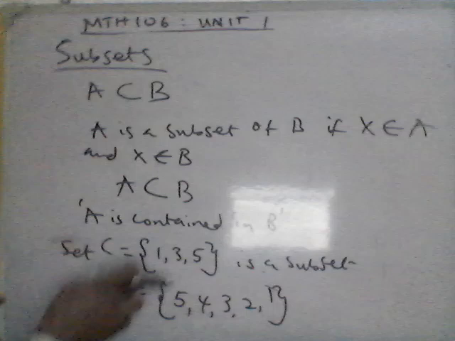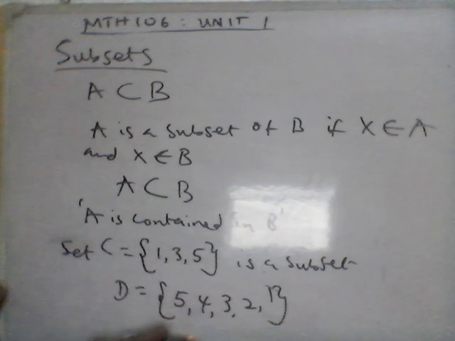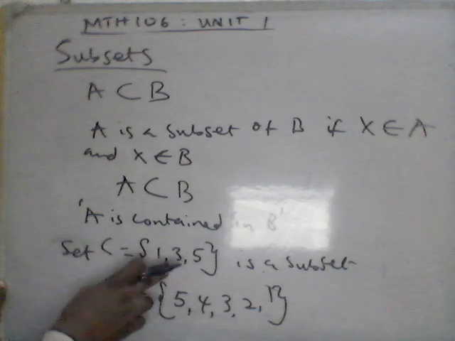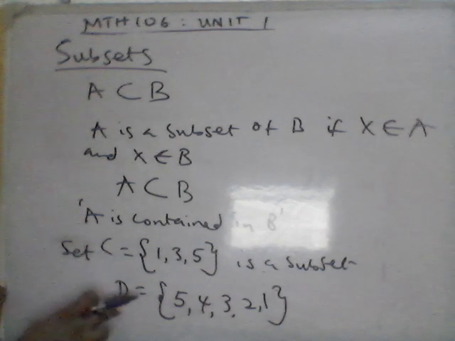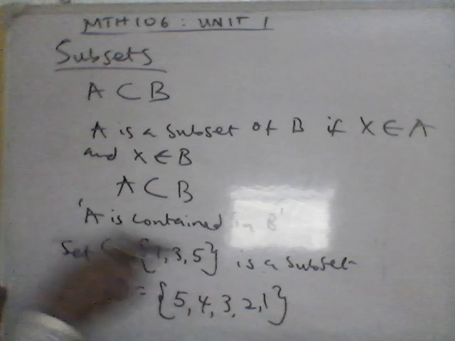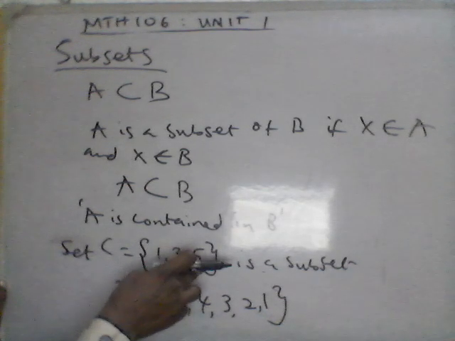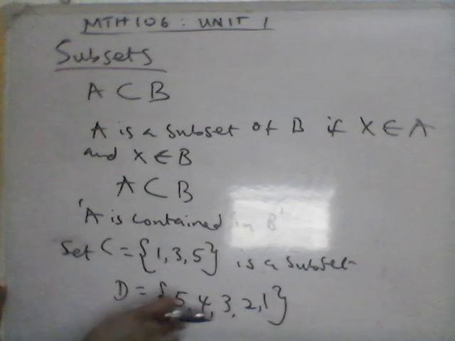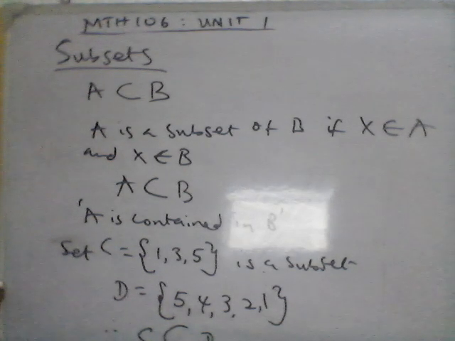Why? Because every element here is also present inside this bigger one. Since number 1 belongs to C and belongs to D, number 3 belongs to C and belongs to D, and number 5 belongs to C and belongs to D, therefore C is a subset of D.